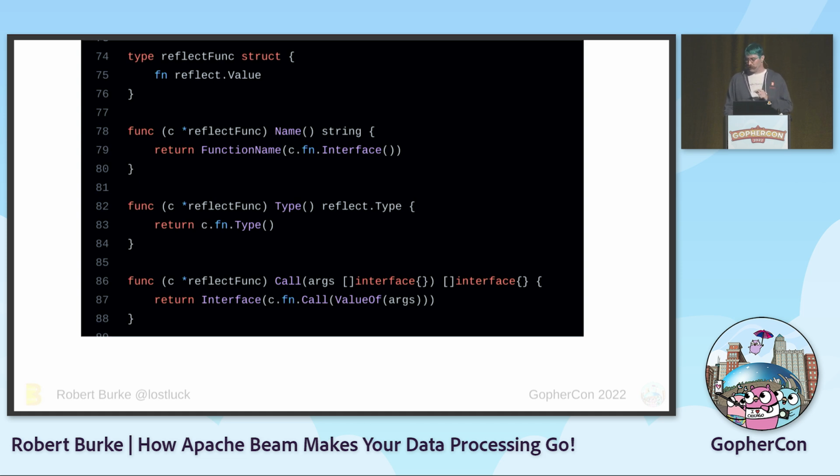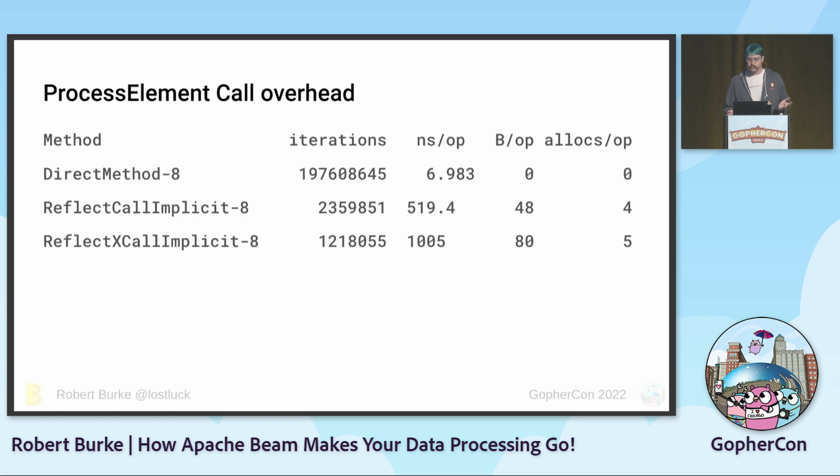The ValueOf function, that's the most deeply nested bit there on line 87, simply converts a slice of interfaces and calls ValueOf on them, converting them to reflect.Values. Interfaces, right beside the return there, does the reverse, converting a slice of values into a slice of interface. So, how much worse is this? Just under twice as bad as the vanilla call, but 143 times worse than our baseline.